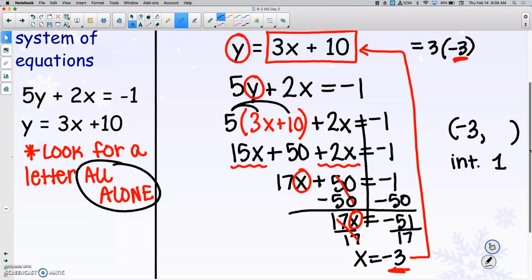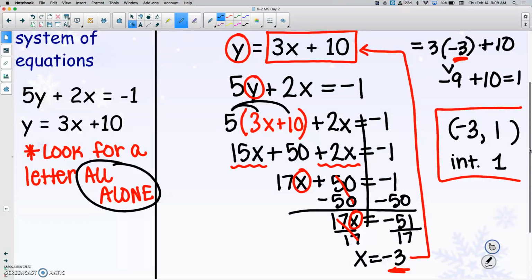So we're substituting that in. So 3 times -3 plus 10. And now I just use PEMDAS to simplify this. 3 times -3 is -9 plus 10 is 1. So the y coordinate is 1. So these two equations represent lines that intersect at the point -3, 1.